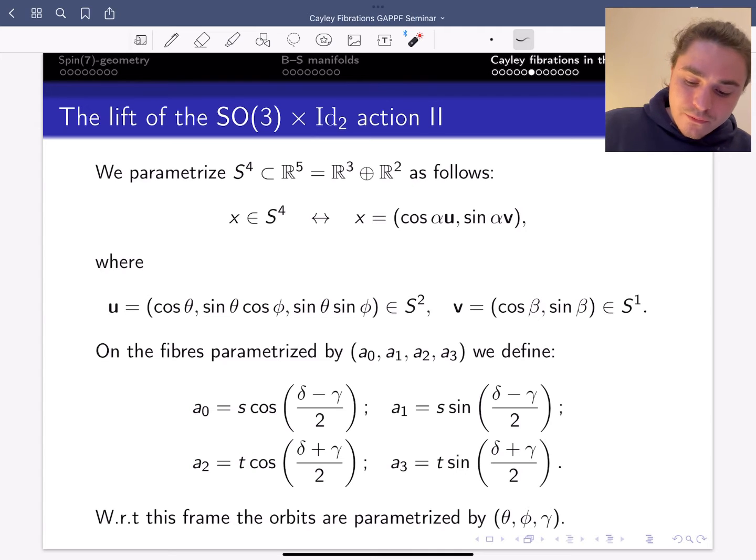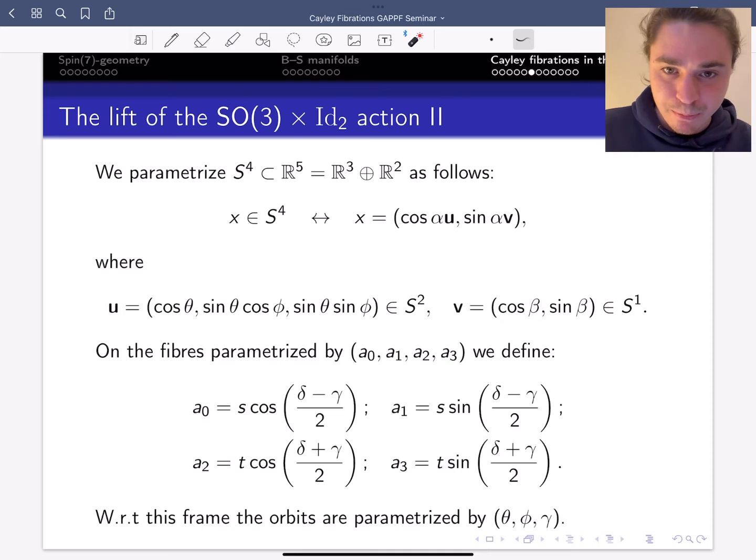So on the fibers parameterized by A0, A1, A2, A3, we define A0 equal to S cosine of (delta minus gamma)/2, A1 is S times sine of (delta minus gamma)/2, and A2 is equal to T cosine of (delta plus gamma)/2, and A3 is equal to T times sine of (delta plus gamma)/2.